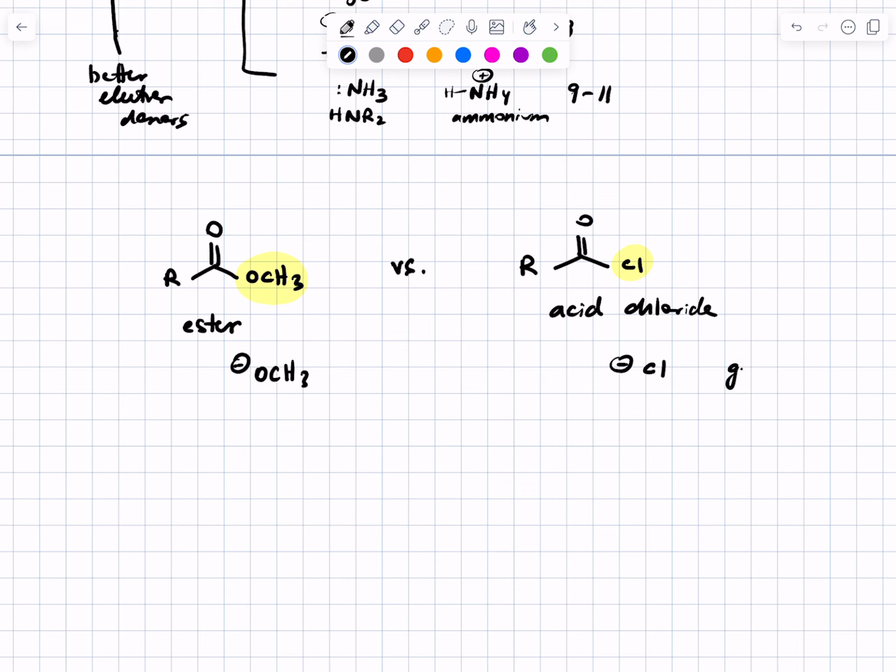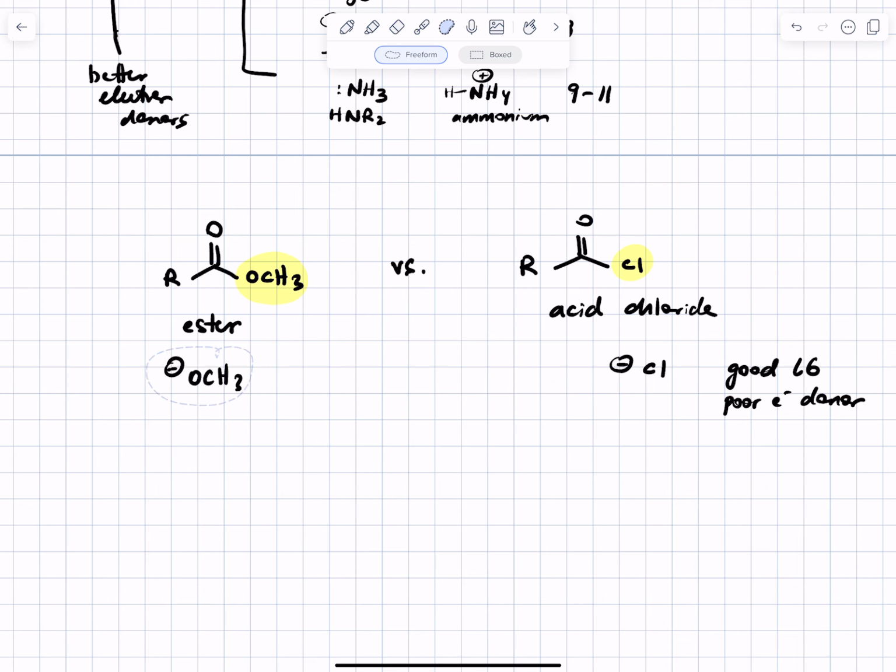Okay? Cl minus is on our list of good leaving groups, but it is also a poor electron donor. Okay, what do you know about this alkoxide? Is that a good leaving group or a poor leaving group? Well, your real question should be relative to what, but we're hedging on that yet.